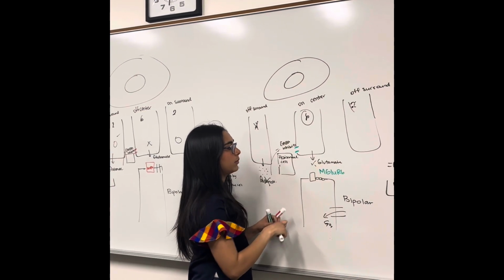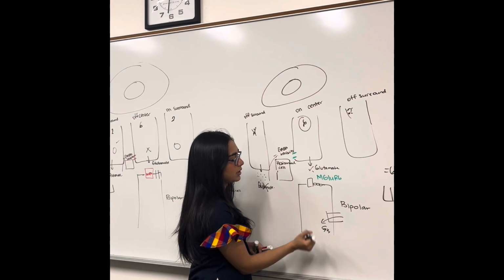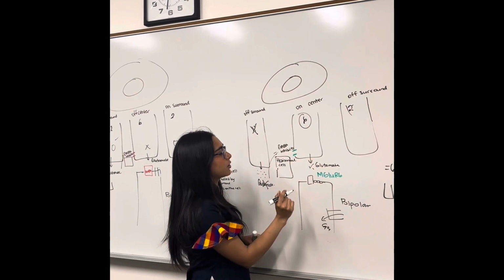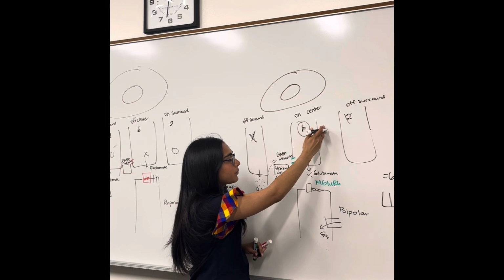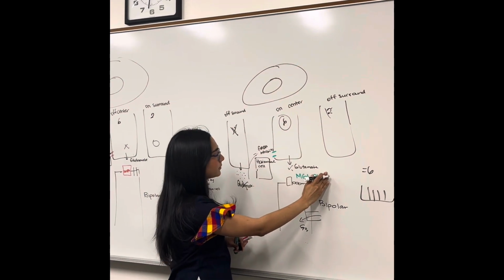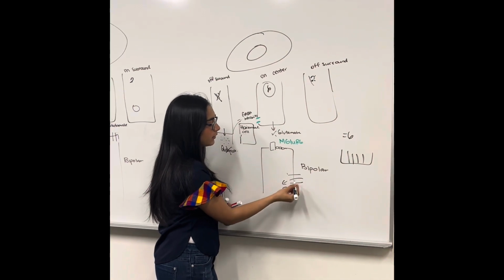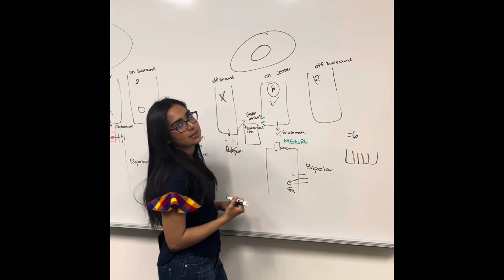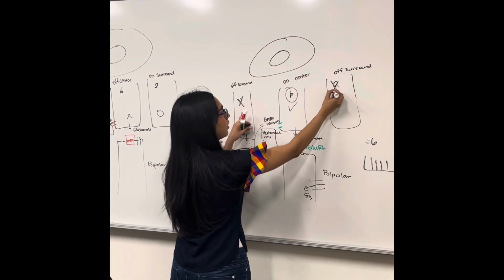Because we have more glutamate coming in, that will activate our mGluR6, which will close this channel, and we won't have an action potential in here. On center, what happens? We have light, we won't release glutamate, we don't activate the mGluR6, therefore we leave our channel open, which will create an action potential. So we count this as an action potential. These two work exactly the same, so it's a no from here.